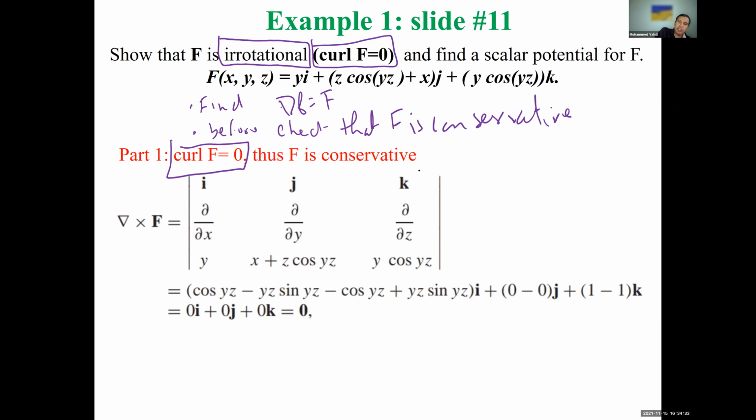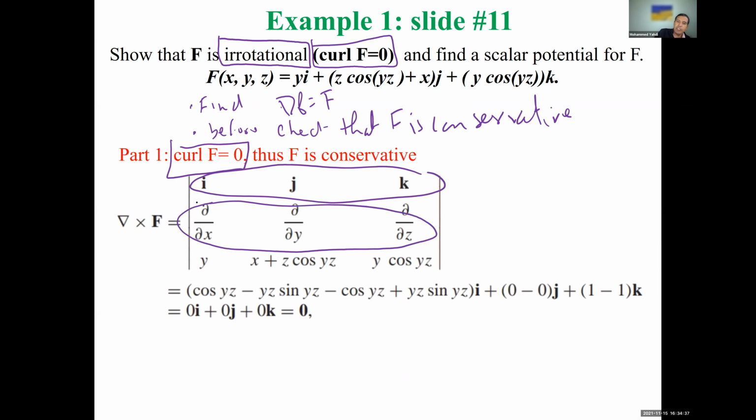Gradient, as you know, we put i, j, k, we put the partial derivatives, and we calculate the determinant. So this is P, Q, and R, and we calculate the determinant. I leave it here as an exercise. Trust my calculations are correct here. So we get 0, 0, 0, so it's 0. Therefore, it is conservative.